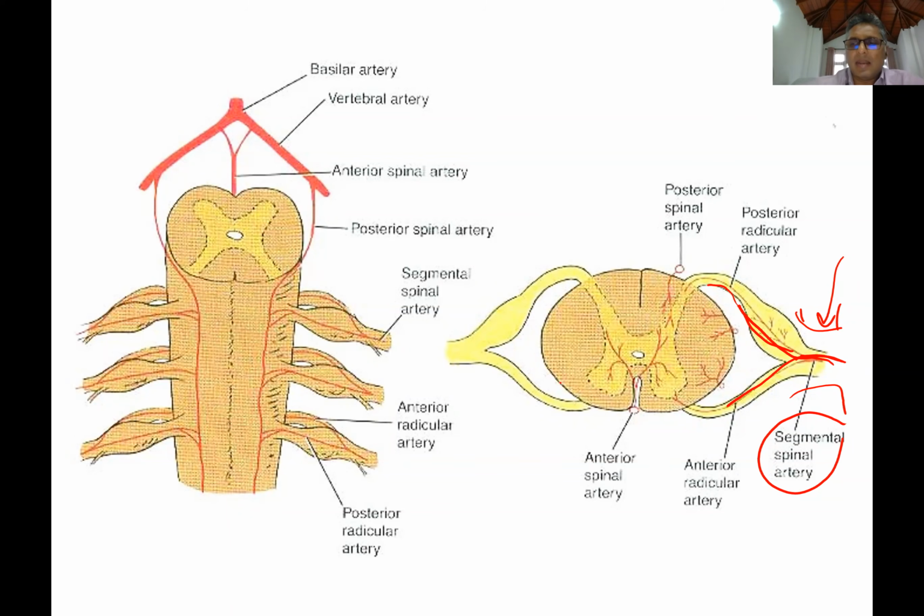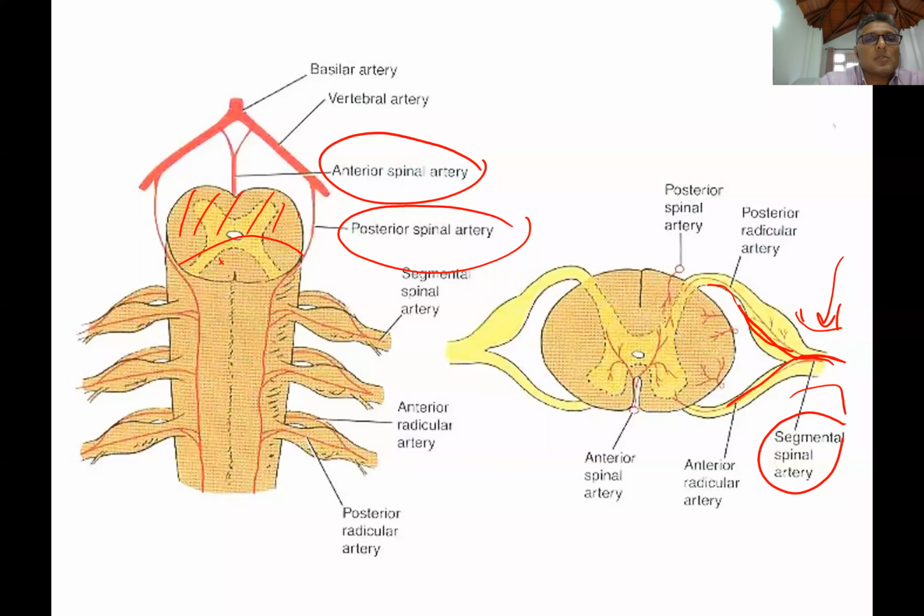Now, why is that? Because even though you have the anterior spinal artery and the posterior spinal arteries supplying the whole spinal cord, with the anterior spinal supplying the anterior two-thirds and the posterior spinal arteries the posterior one-third, that is true for the cervical part of the spinal cord.